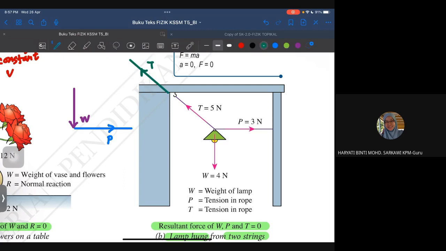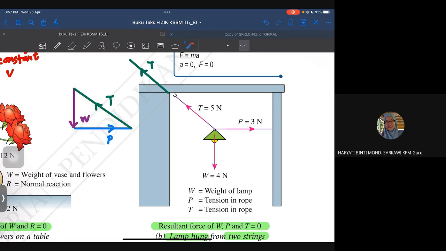So my T should be like this. If we draw following the scale, you will get a closed triangle with one direction. You can see W, P, and then T: the directions don't collide. It is a one-way direction, like that.